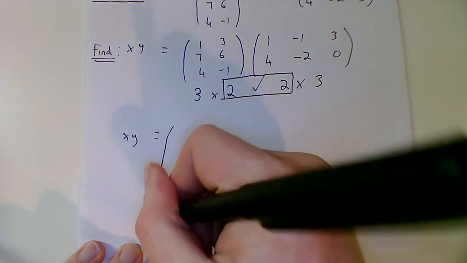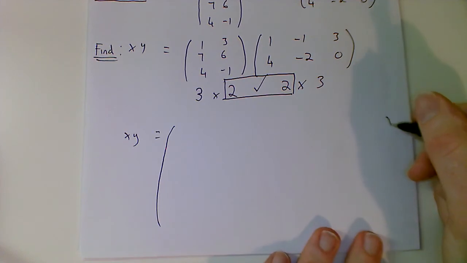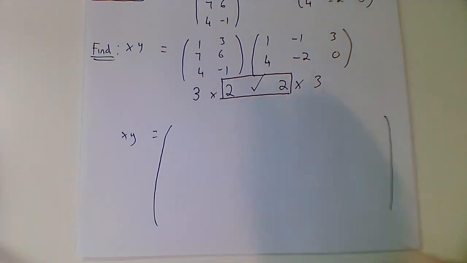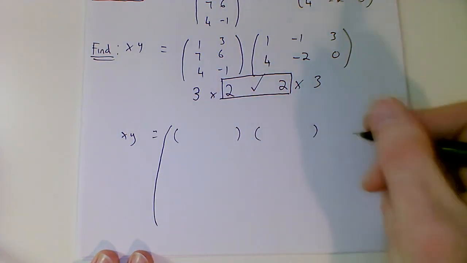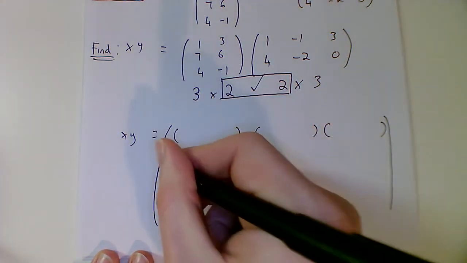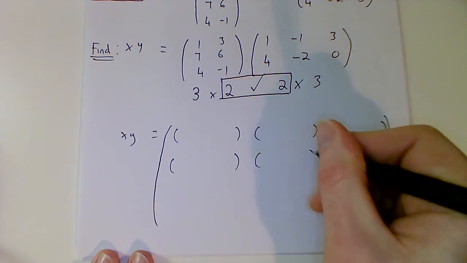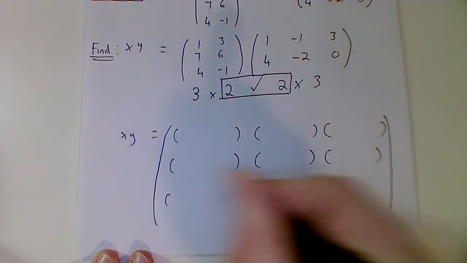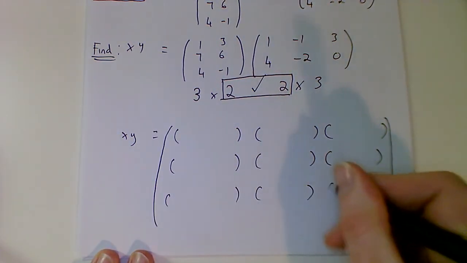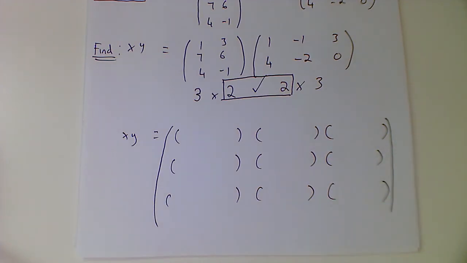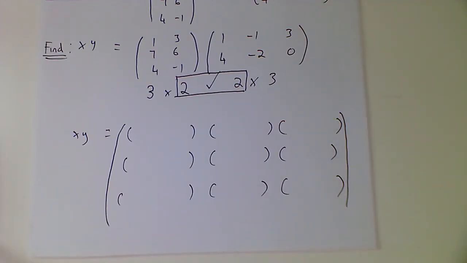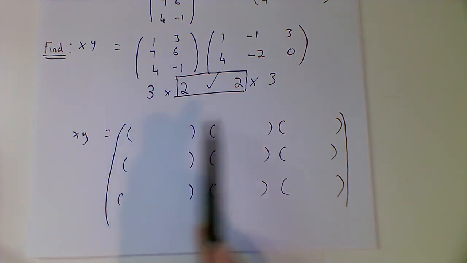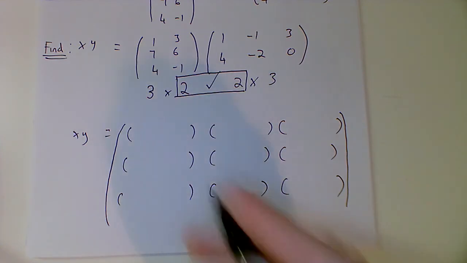You're going to have a lot more elements in here, so I'm going to have 1, 2, 3. That's my answer matrix. It's going to look a lot more like that. And again, if you want, up the top you can label your rows and columns.